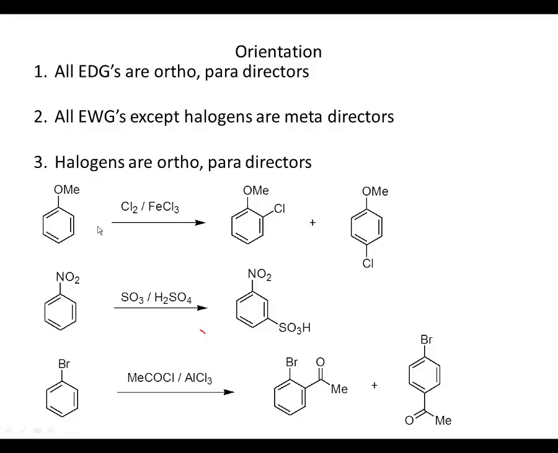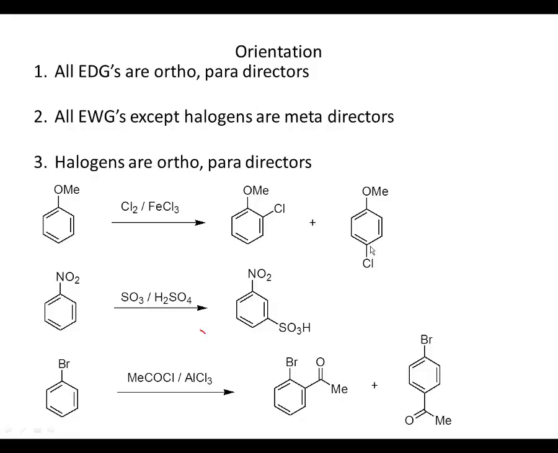This is a moderately activated ring, and what we find here is that if you did any electrophilic aromatic substitution, I've used chlorination here as an example, you will get predominantly the ortho-para products. Okay? Very little of the meta.